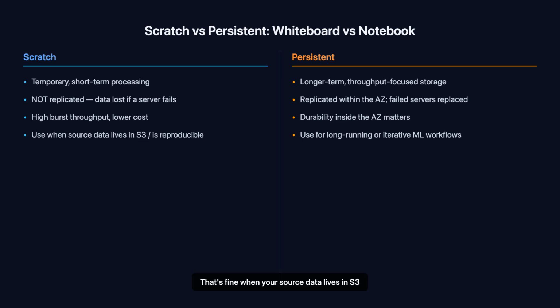That's fine when your source data lives in S3 and can be reloaded. Persistent is a notebook, still fast, but your work survives because data is replicated within the zone and failed servers get replaced. Reach for Scratch on short, reproducible jobs where cost matters. Reach for Persistent when durability matters, or when an iterative training run has to keep its intermediate results between passes.